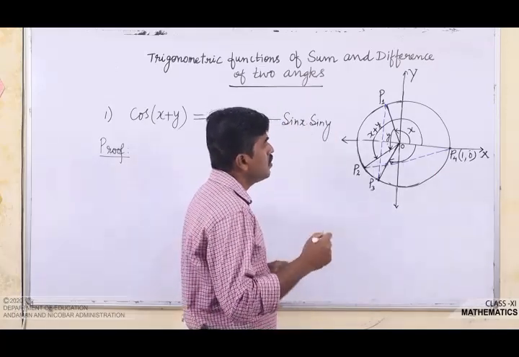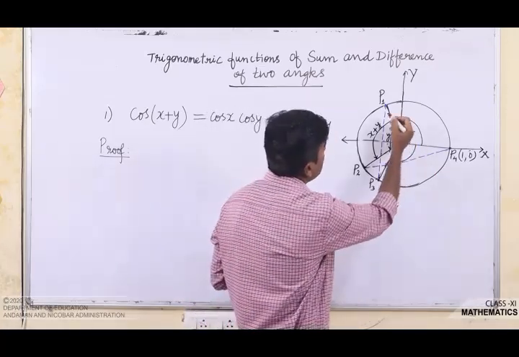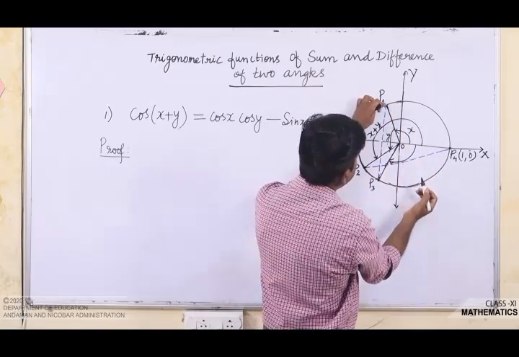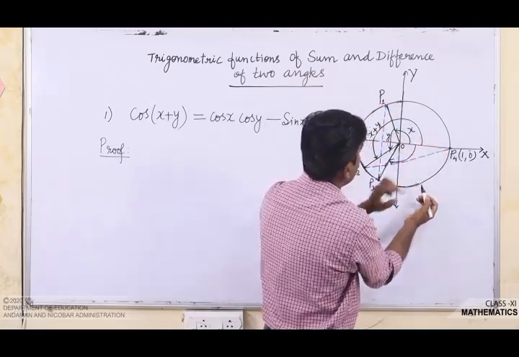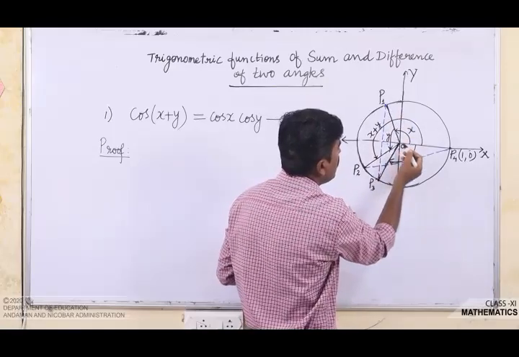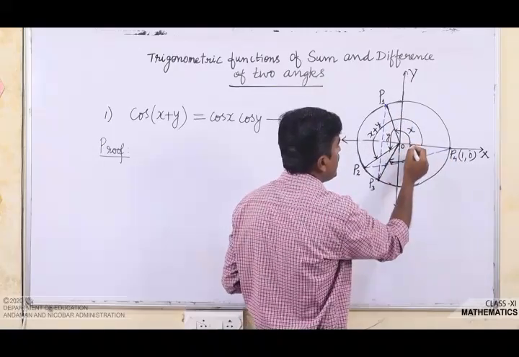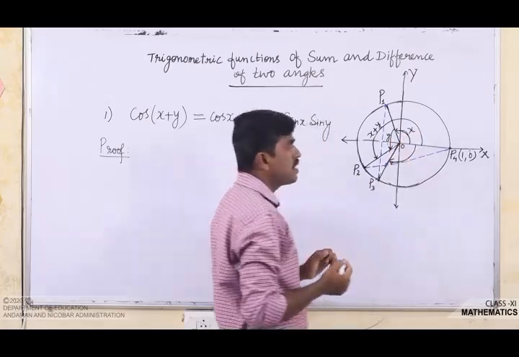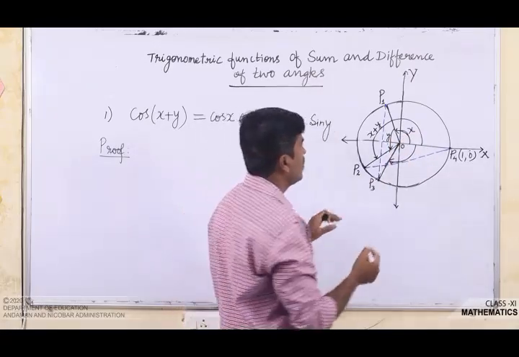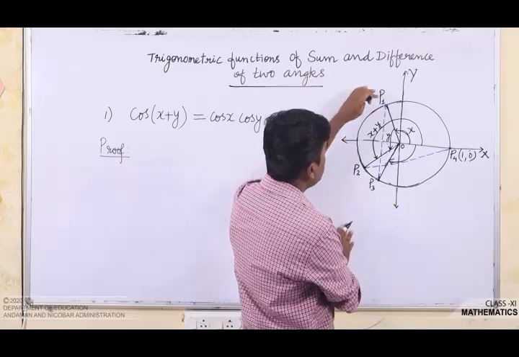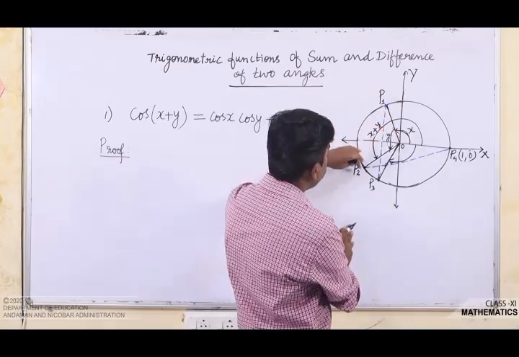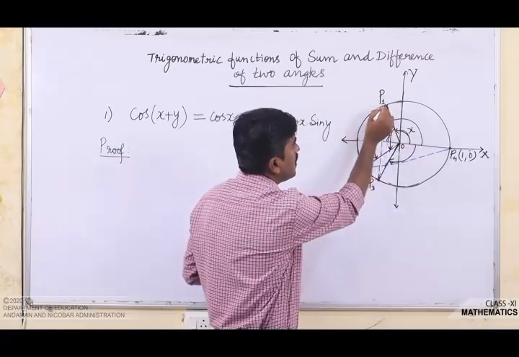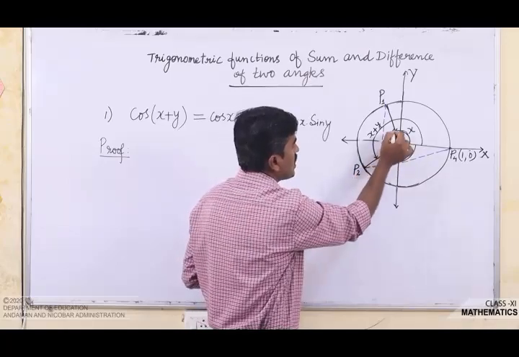Okay. So here this angle P1OP4 is taken as x. It is measured anti-clockwise. It is taken as x. And the angle P1OP2 is taken as y.